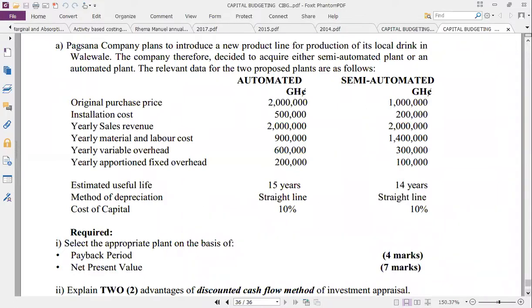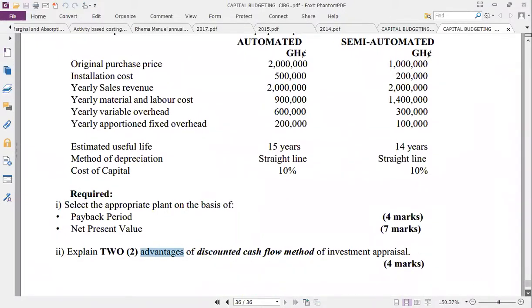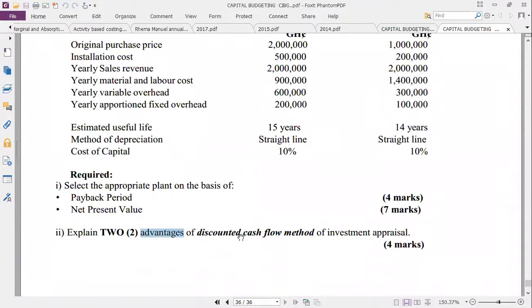Now you realize that in this question, the cash flows will be constant. I think I will come and solve it again after the NPV. But check this and you'll be fine. Explain two advantages of discounted cash flow method of investment appraisal. Just two, and then you are done. So I think you can do justice to it. Let me add this requirement to it, then you are done.